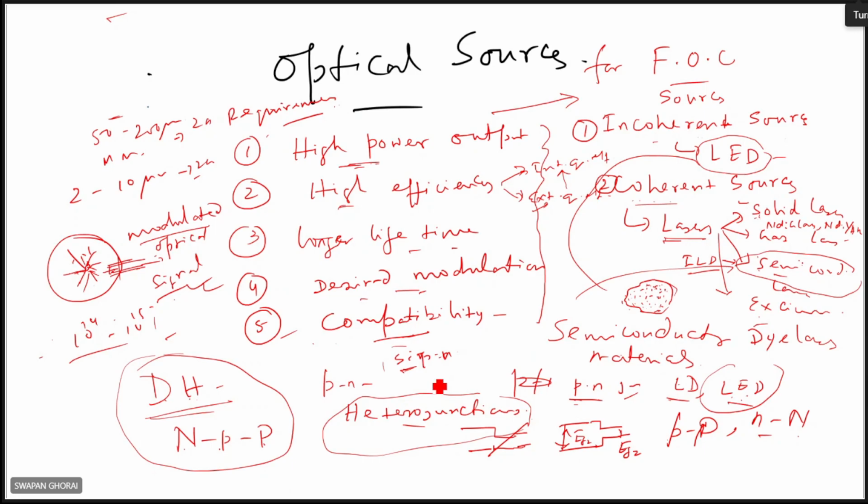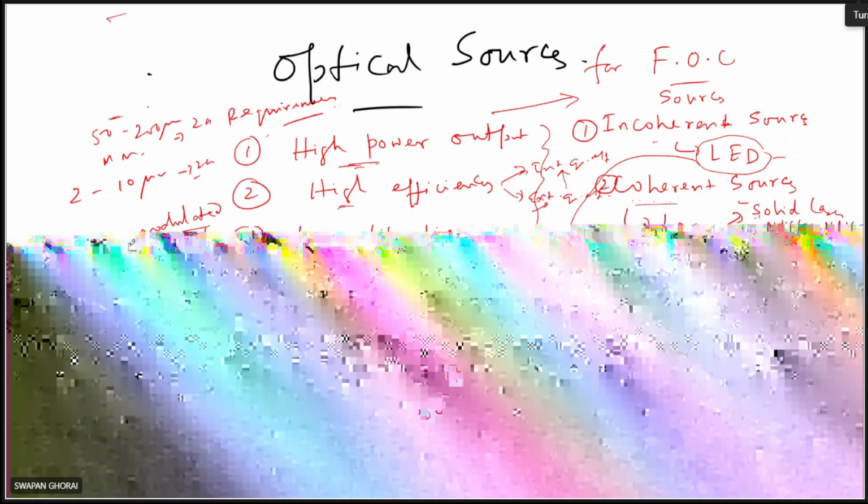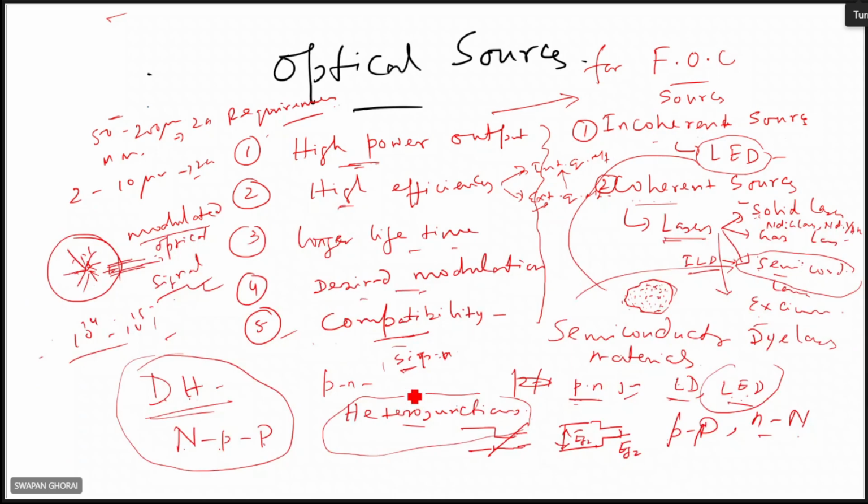But here, in heterojunctions, P-type can be one type of material and N-type another, like gallium arsenide and gallium aluminum arsenide. A homojunction uses the same band gap for P-type and N-type, but here different band gaps are there. That's why it is a heterojunction.